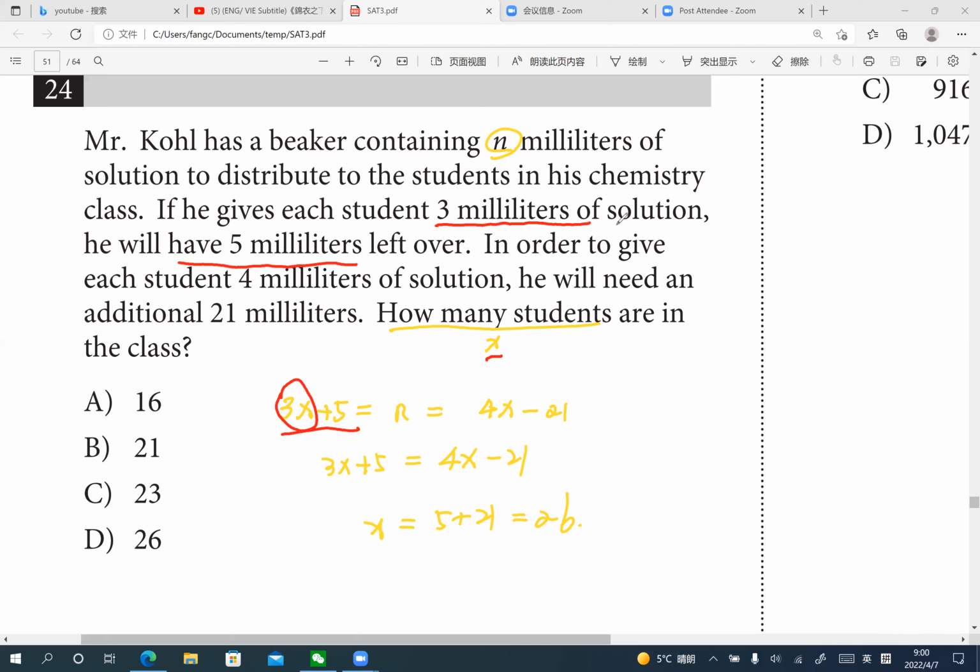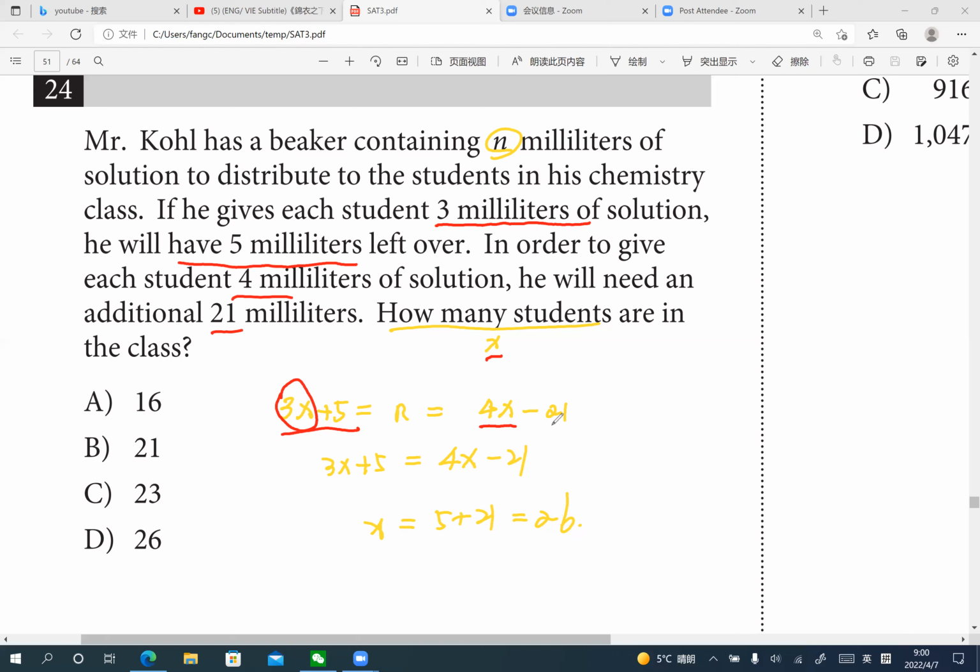Continue. In order to give each student 4 milliliters of solution, he will need an additional 21 milliliters. So each student 4 milliliters, X students 4x milliliters, but he needs another 21 milliliters. So it's not enough to be distributed to X students.